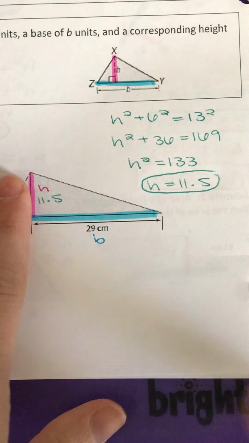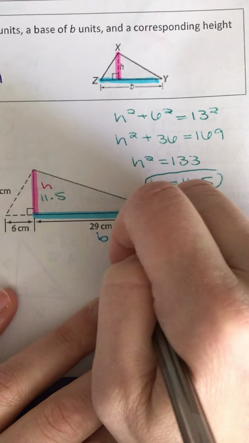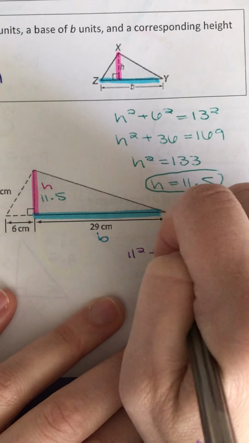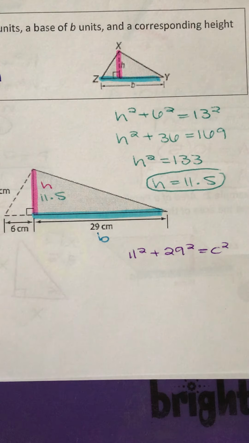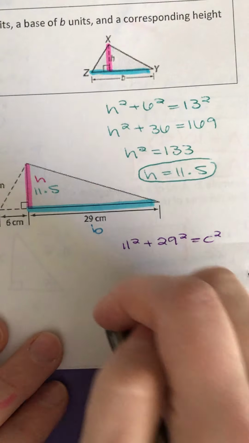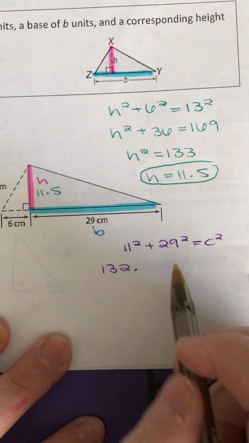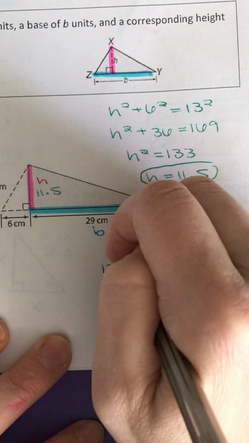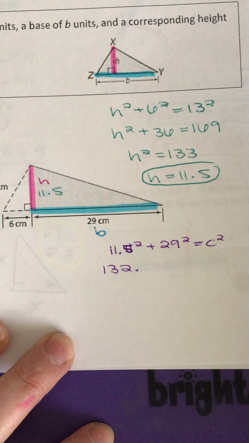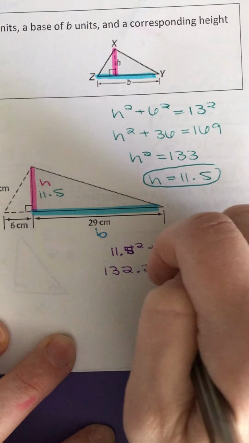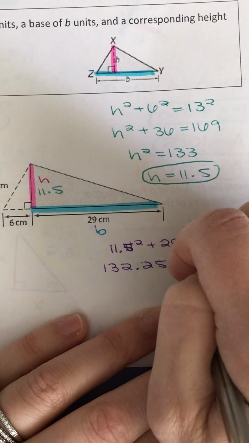So now I'm going to ignore this white triangle and look at the gray shaded one. I have 11.5 squared plus 29 squared equals c squared. Sorry about that, I wrote 11 squared. 11.5 squared is 132.25. 29 squared is 841.